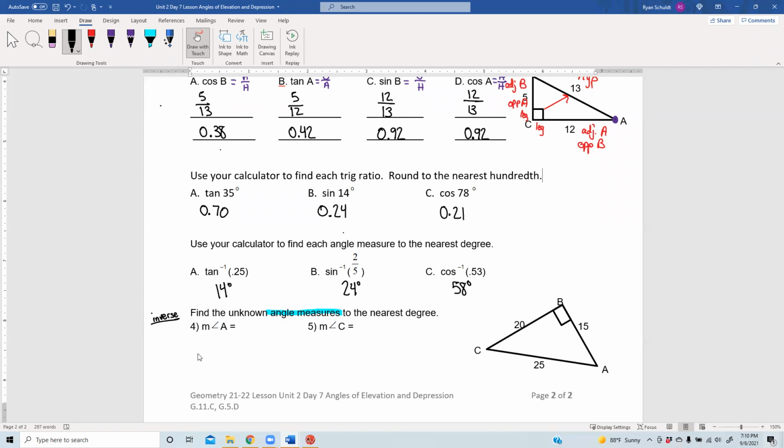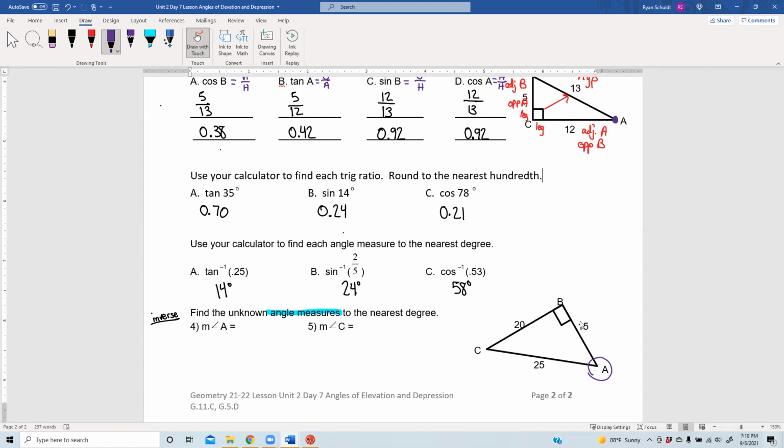Okay, first one, they ask about angle A. So angle A is right here. You can pick any 2 sides you want, as long as you use the right ratio.